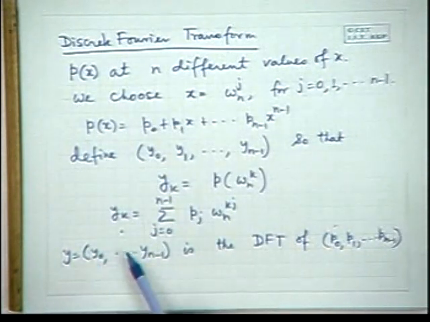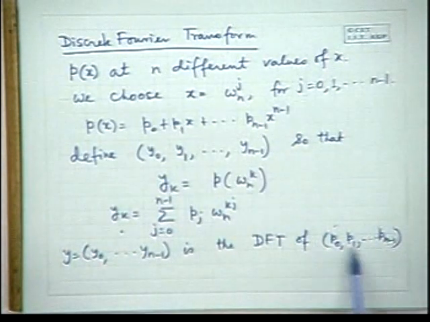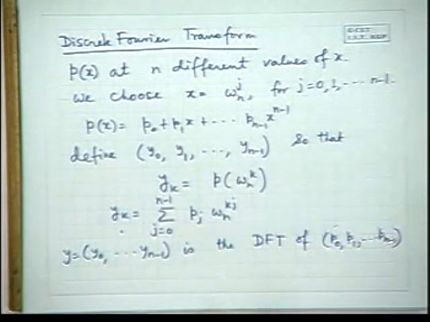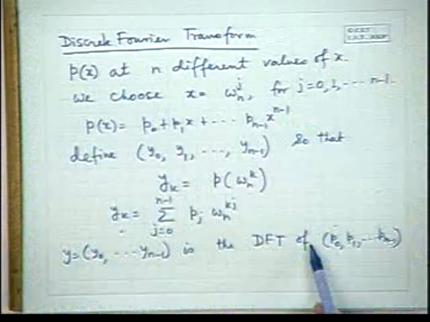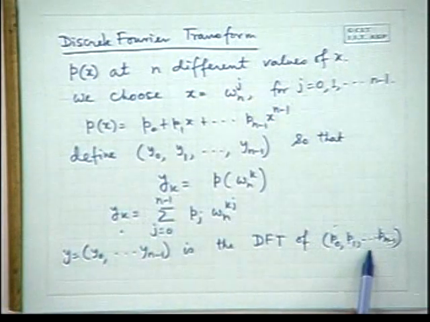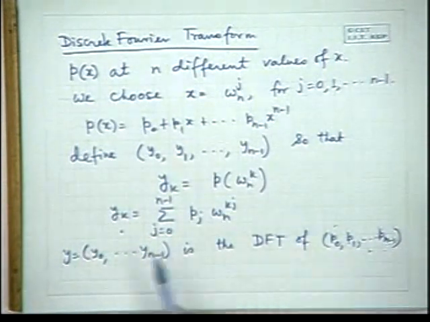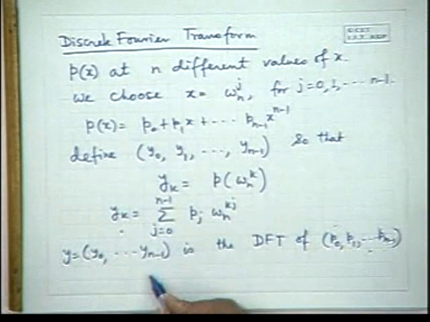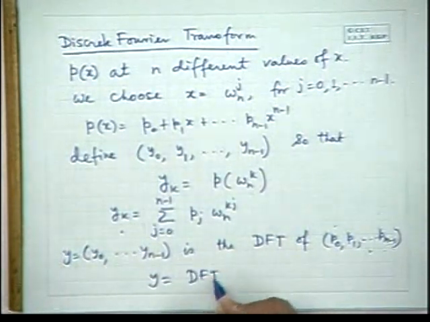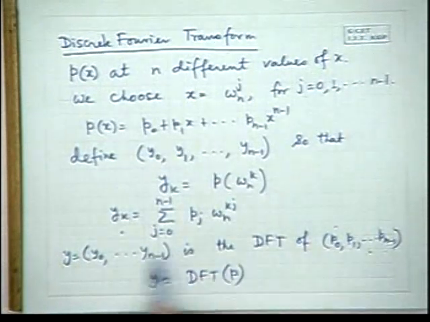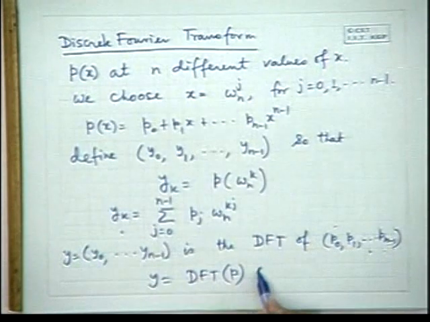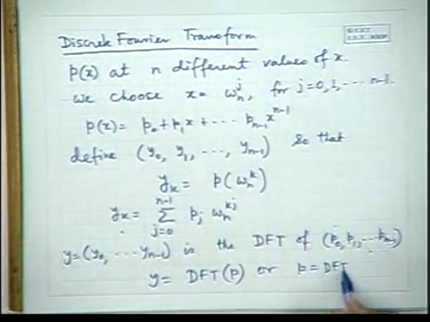If we can compute the DFT from this given vector, then at least step 1 of our multiplication algorithm is done. Then for step 3, we have to compute the DFT inverse. Given this vector, I want to compute this. This is just the inverse problem, that is, the interpolation, called the DFT inverse. So we can write y is equal to DFT of p, which means p is equal to DFT inverse of y.